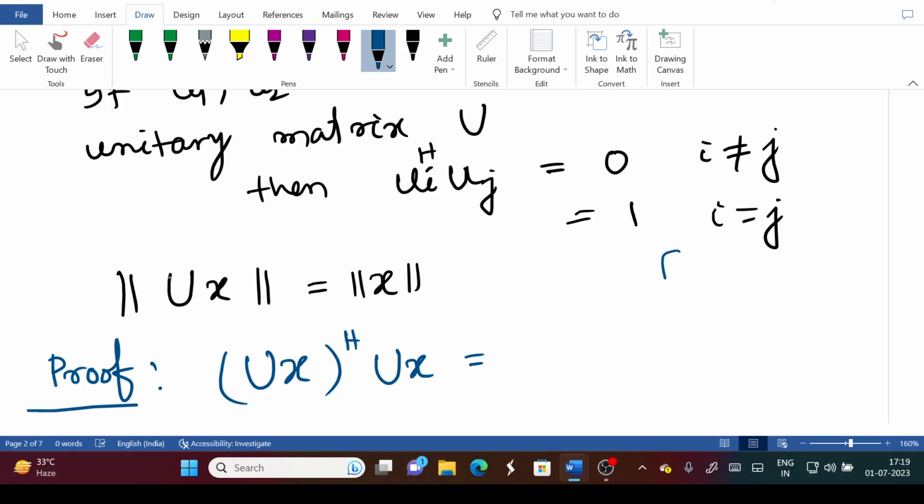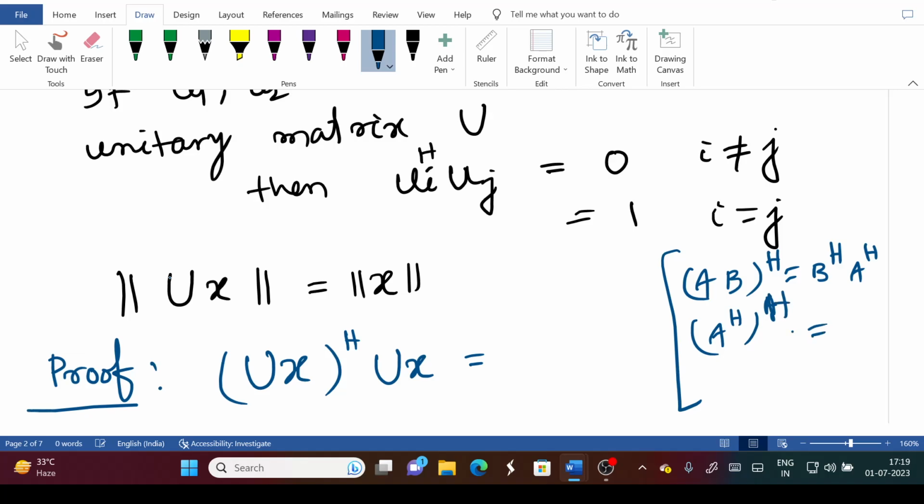It satisfies four properties: (AB)^H is equal to B^H A^H, just like transpose. (A^H)^H is A. And (A+B)^H is equal to A^H plus B^H. These are the properties they satisfy.